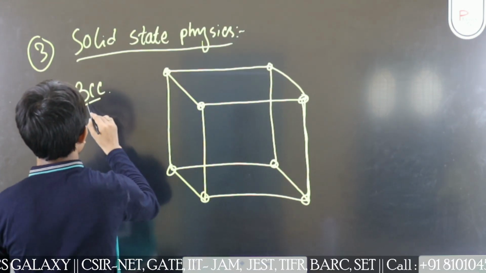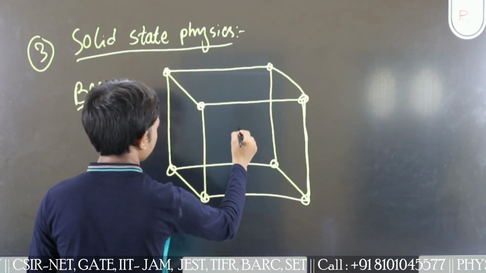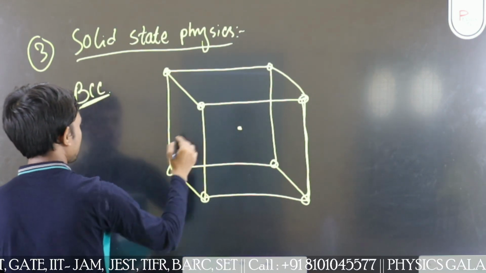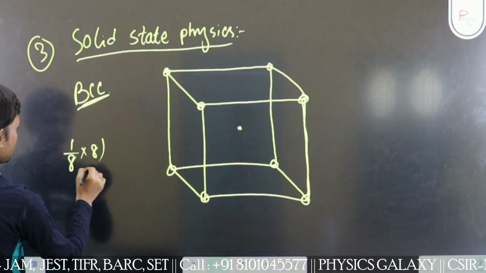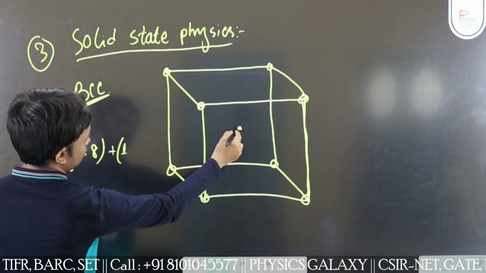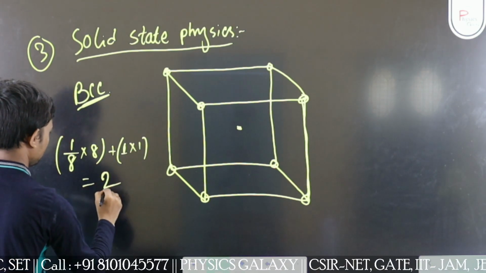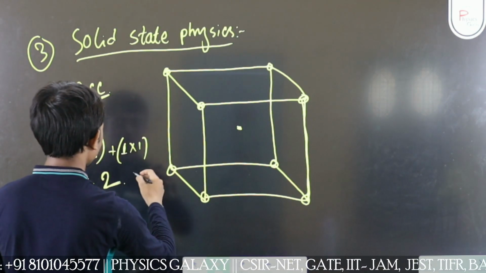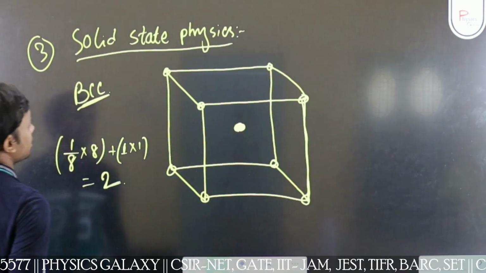For BCC, body centered cubic, one atom is at the center of the unit cell, and from the 8 corners the contribution of each atom is 1 by 8. So 8 times 1 by 8 is 1, plus 1 at the center, so there are 2 atoms in the unit cell.